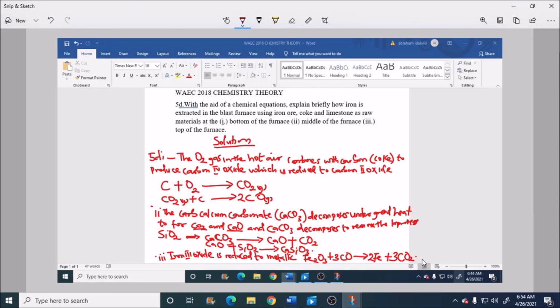Then at the top of the furnace, we have iron 3 oxide reduced to metallic iron, and that is why we have it in the equation. We have Fe2O3, that is iron 3 oxide, reacting with CO, that is carbon 2 oxide, to give metallic iron and CO2. So this is what happened at the bottom, middle, and top of the furnace.